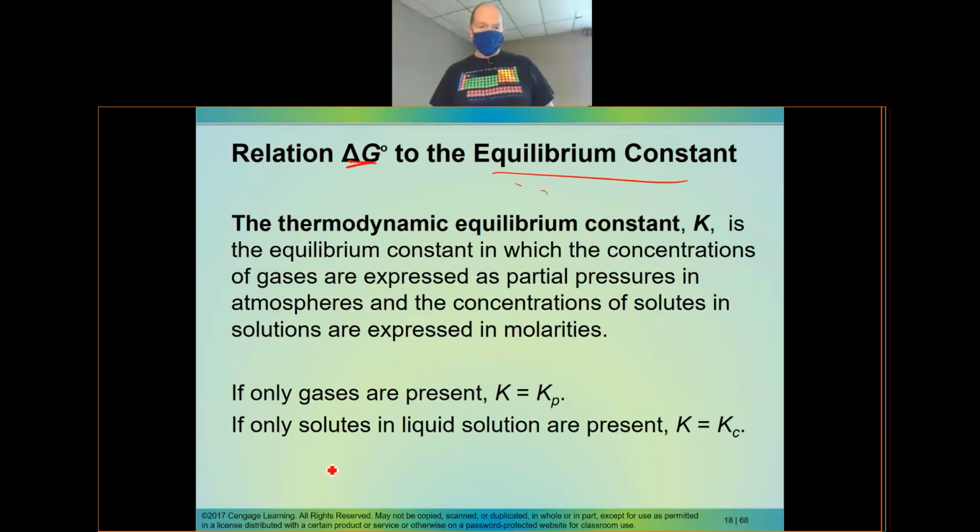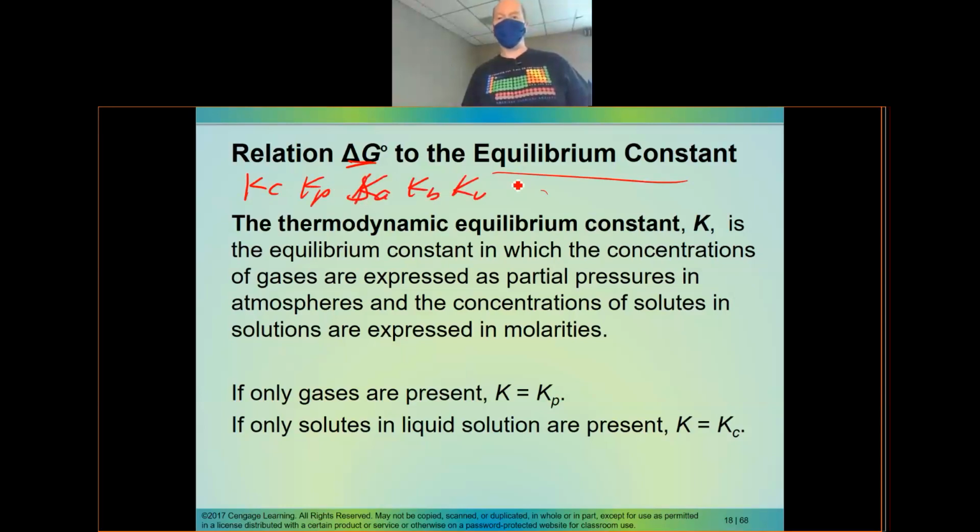All right. Note that we're going to be talking about a different kind of K. So far we had what? KC, we had KP, we had KA, we had KB, we had KW, KSP, and KF, and KD. Now we're going to have a KEQ.